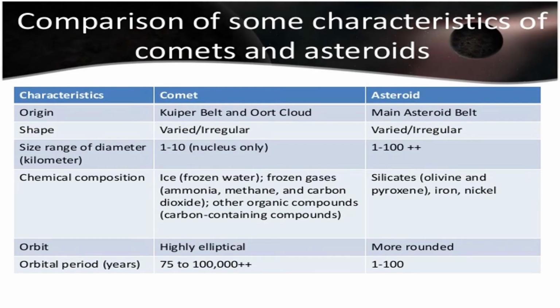Here you have the comparison table of some characteristics of comets and asteroids. How do they differ?